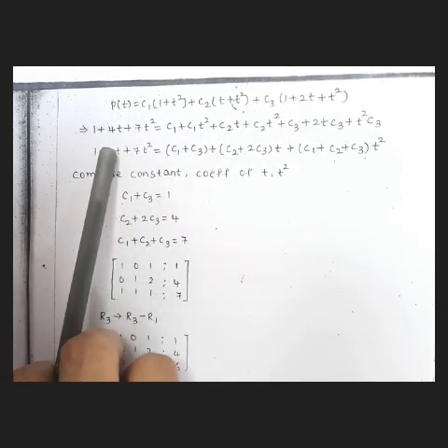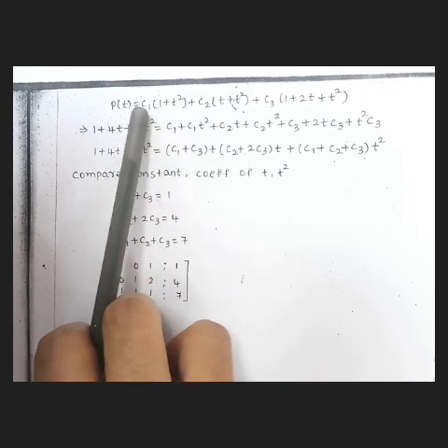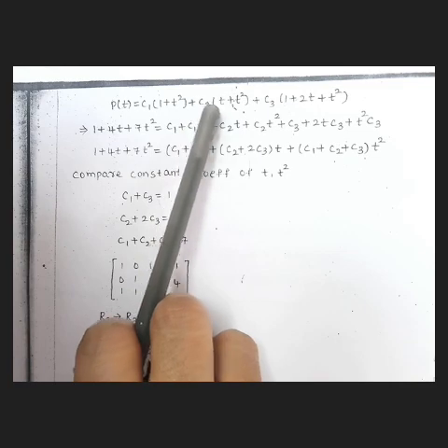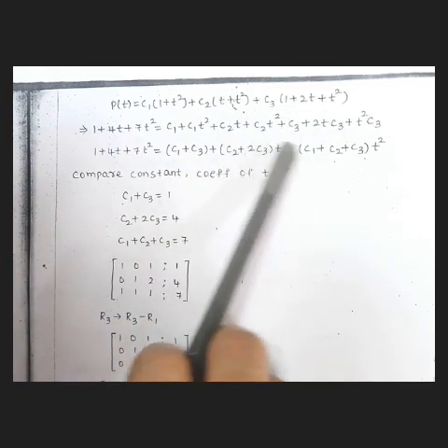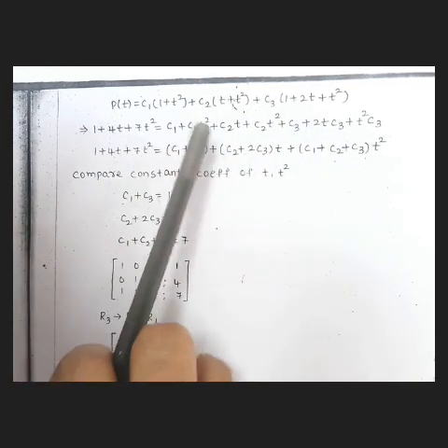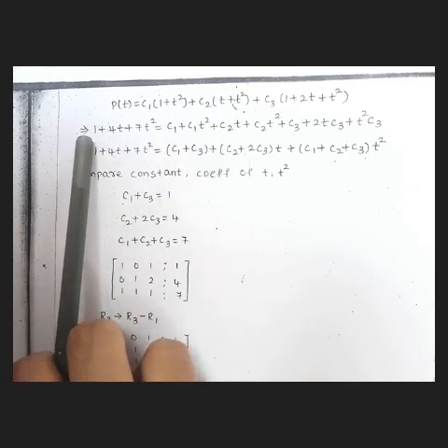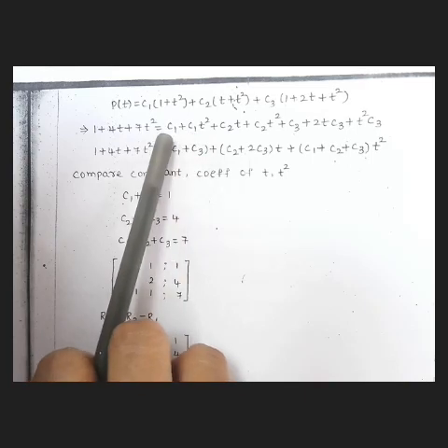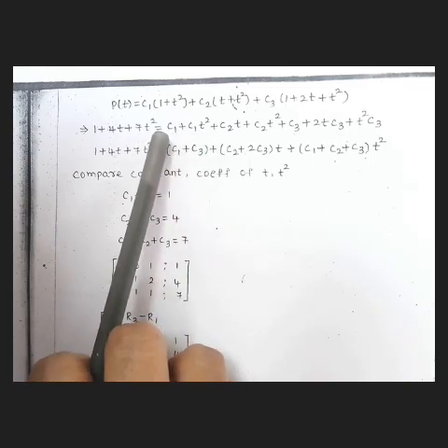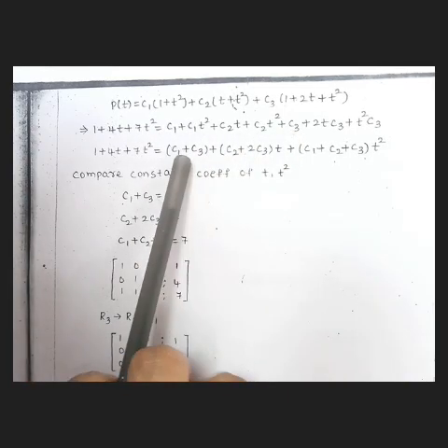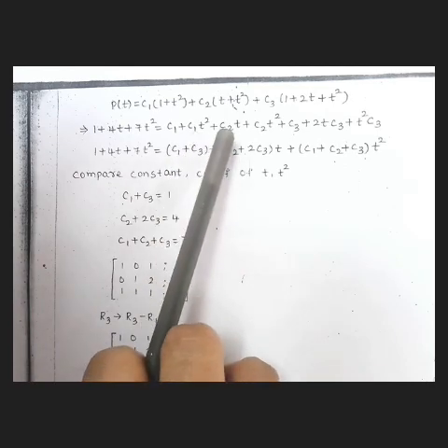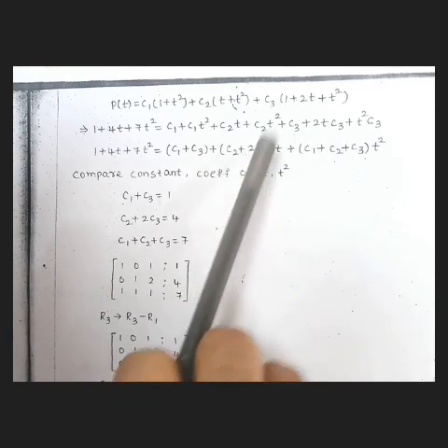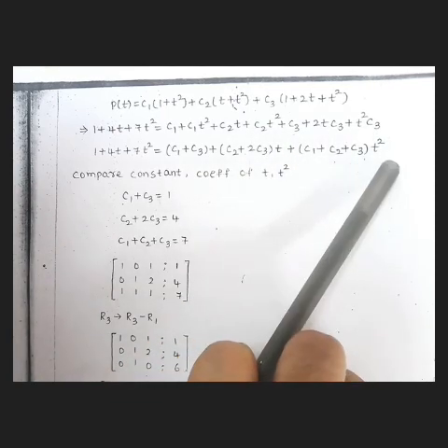Now substitute p(t), then multiply all these terms: c1 into t square, c2 into t, c2 into t square, and like this we can multiply each and every term. After that, collect the constants, t terms, and t square terms. The constants are c1 and c3, take t common, then c2 plus 2c3 with t square common, and you can get it like this.